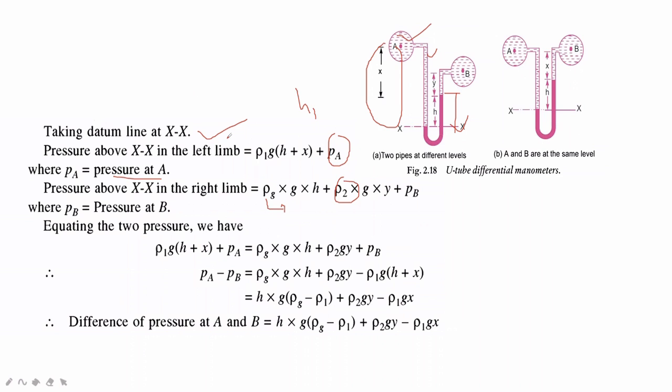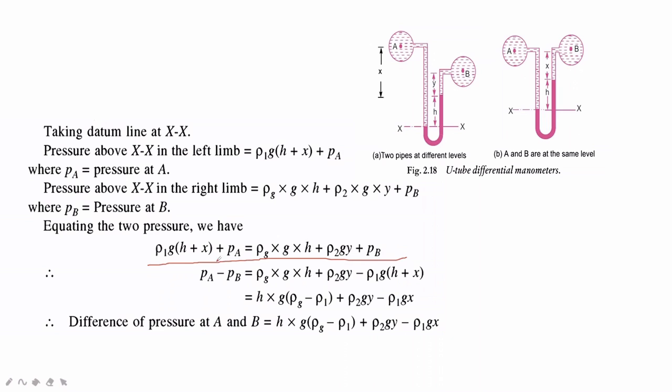Next, you calculate the pressure in both limbs above the datum line and equate them. After equating, we get rho 1 g (h plus x) plus pa equals rho g g h plus rho 2 g y plus pb.